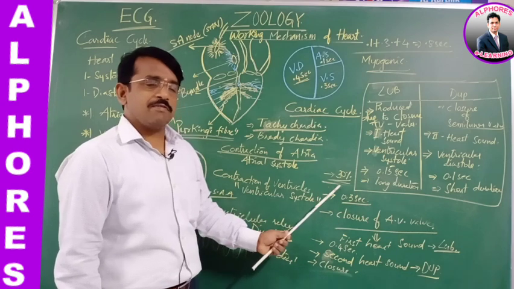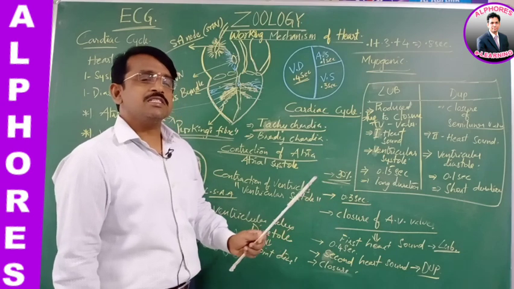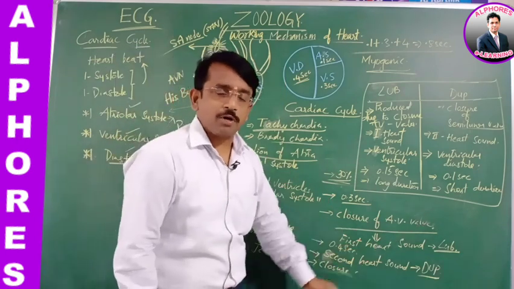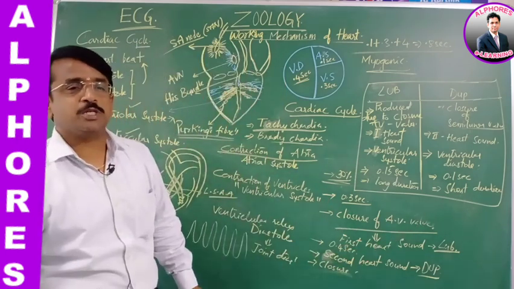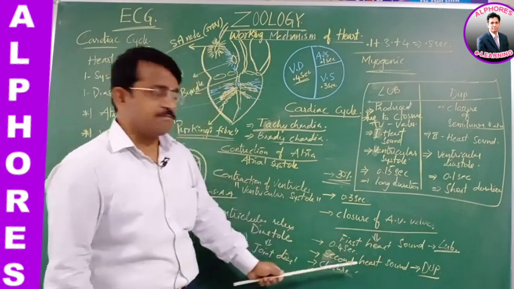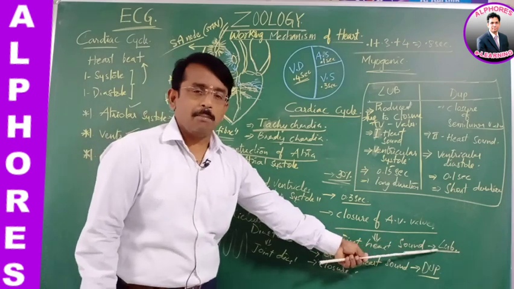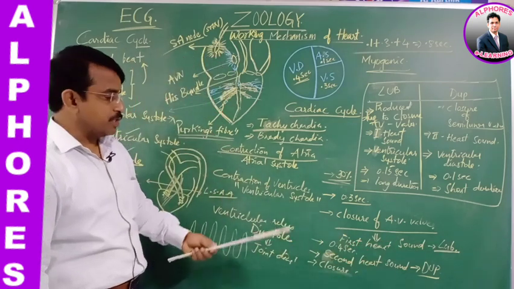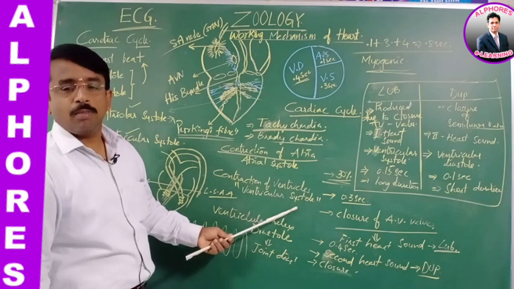This contraction increases the pressure such that it closes the AV valves, the atrioventricular valves, that is the bicuspid and tricuspid valves. This closure of the AV valves produces the first heart sound, named the lub, which is for a long period during the ventricular systole.